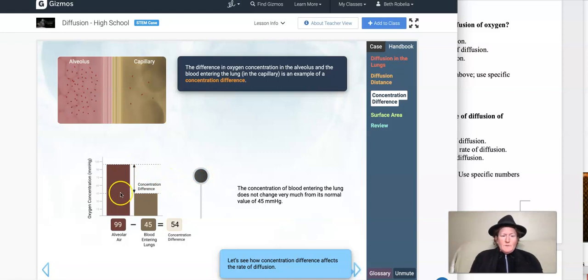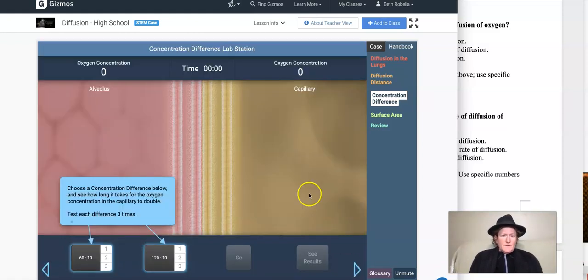That's when a patient might be breathing 100% oxygen in the hospital. And down here, you might be at altitude where there's not as much oxygen in the air and there's less concentration difference. If you've ever gone up a mountain and struggled to breathe a bit, you're having a concentration difference issue.